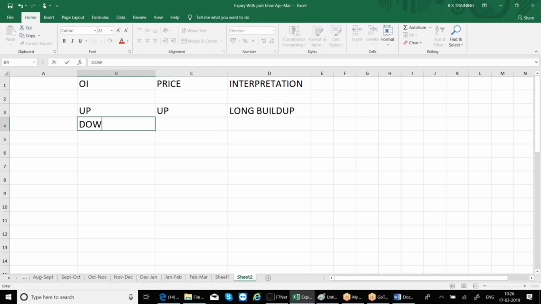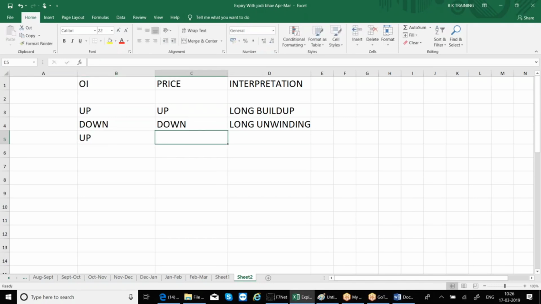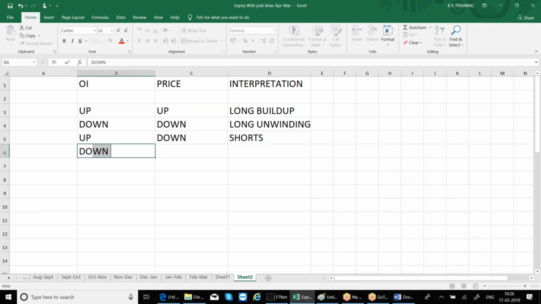If price is down, open interest is also down, we call it long unwinding. Why all these terminologies are used, I will tell you all. Open interest is up, price is down, it is short. Open interest is down, price is up, it's called short covering.